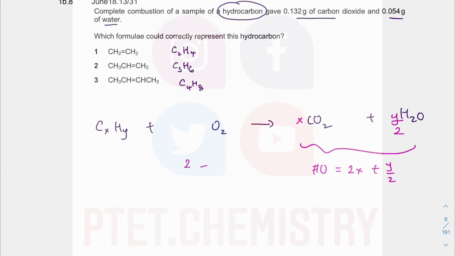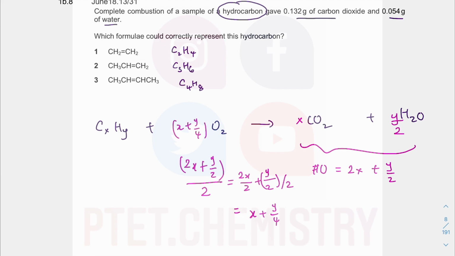So 2x plus y over 2 needs to be divided by 2, because divided by 2 times 2 will give you exactly this number of oxygen atoms to balance on the left. That is your simple algebra. So 2x over 2 plus y over 2 divided by 2 is going to give you x plus y over 4. So this is where your general balanced equation for complete combustion of a hydrocarbon actually comes from.